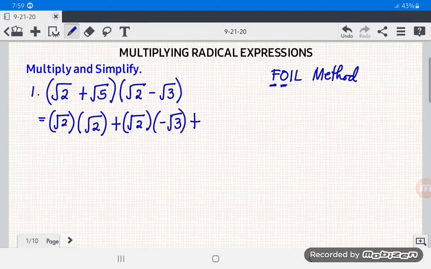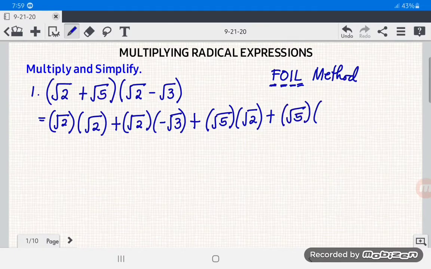Then plus, I stands for the inner terms, so we have square root of 5 times square root of 2. Then L stands for the last terms, so we have square root of 5 times negative square root of 3.